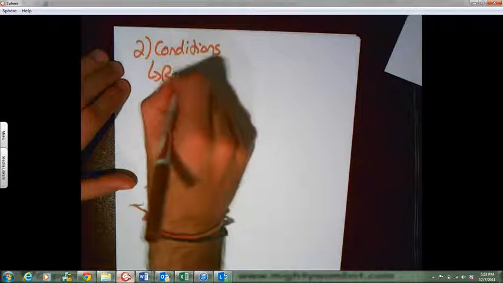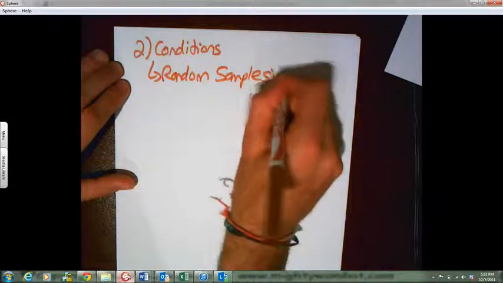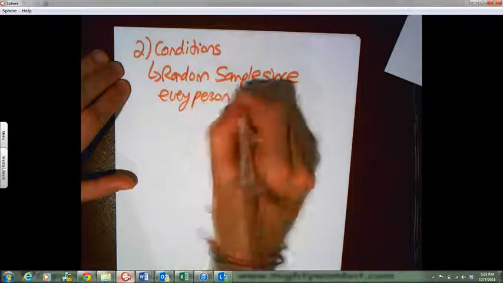Step 2 are the conditions. Well, that it's a random sample since every person was selected. Every person was selected.